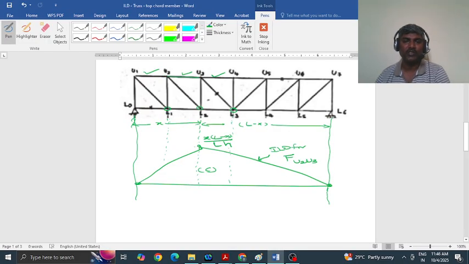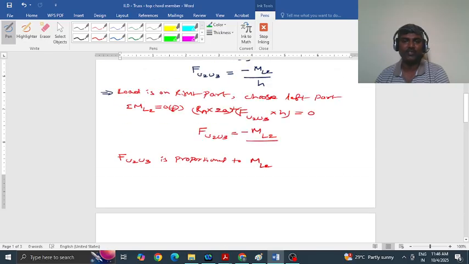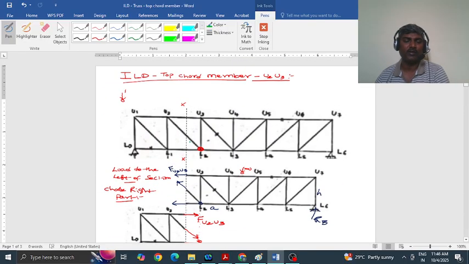And as you see, this is symmetric, so these three diagrams will just replicate for U4 U5, U5 U6 and U6 U7. Likewise, for any top chord member, you can easily plot the ILD for the force in that member. So this is the procedure for how you plot the ILD for a truss member.